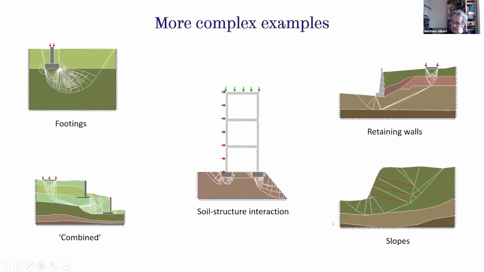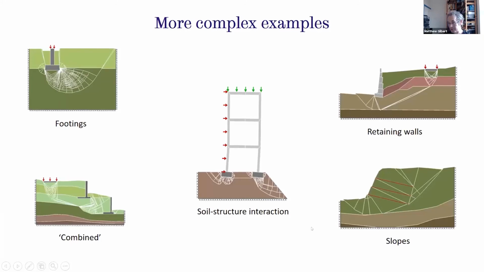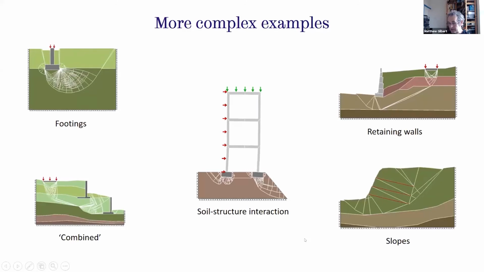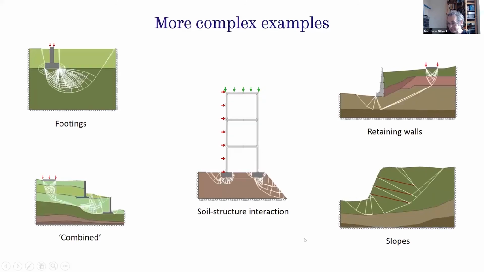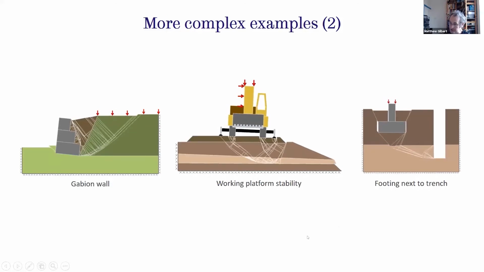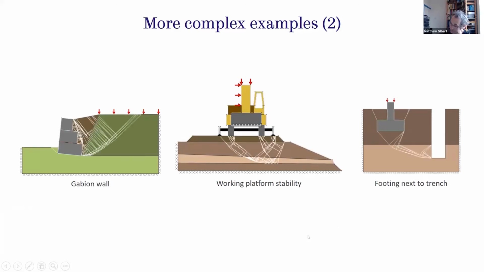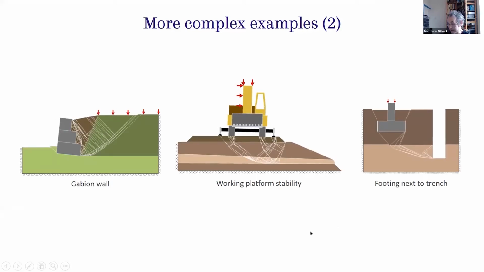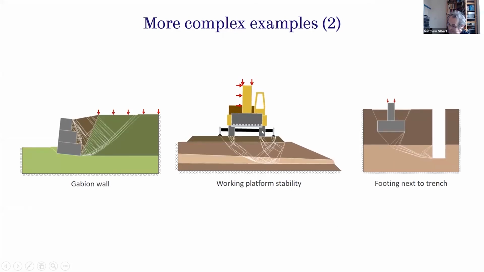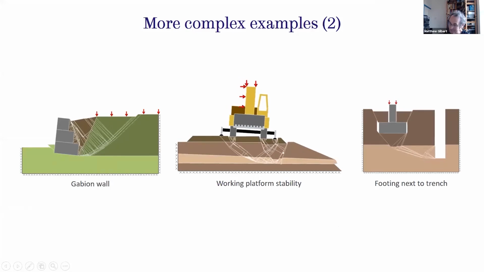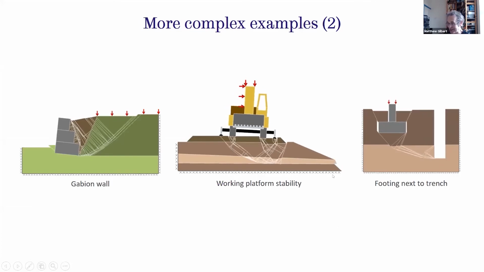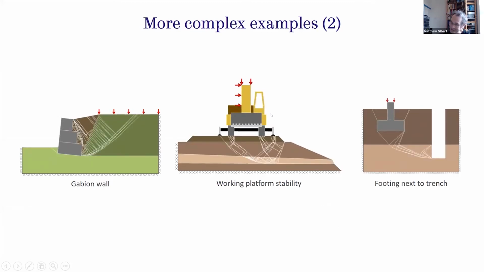And then obviously we can move to more complex problems. These are clearly geotechnical problems. So because it's a general numerical method, you can have arbitrary geometries, and you can clearly have some fun with it. The working platform stability is a little bit tongue-in-cheek in actually showing the superstructure of the plant in this case.